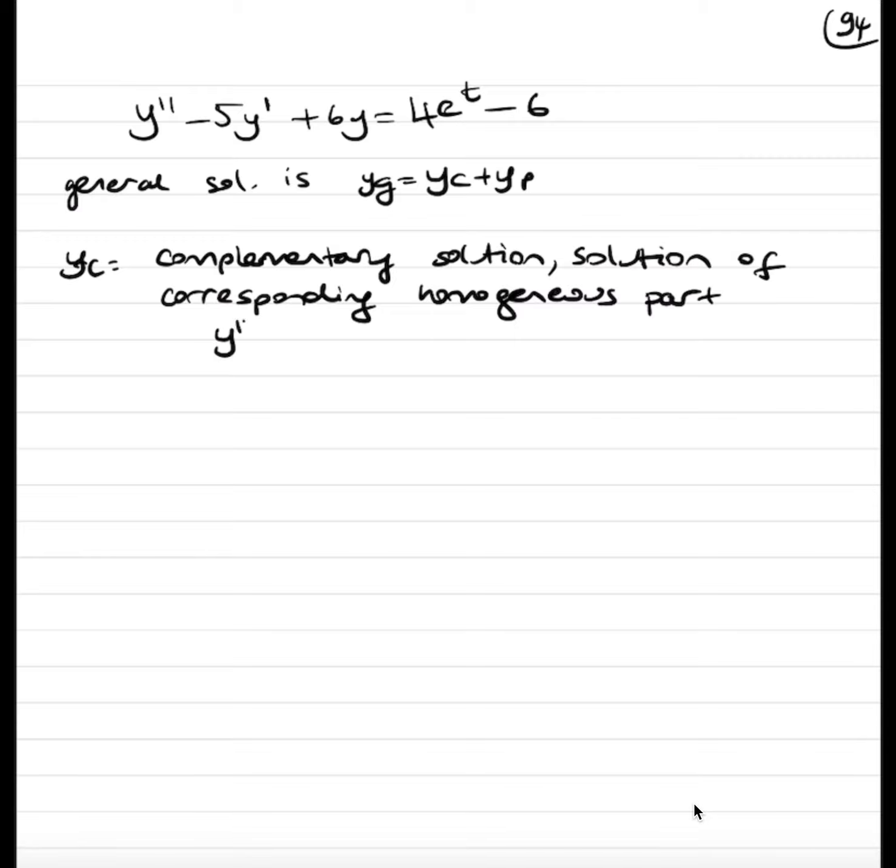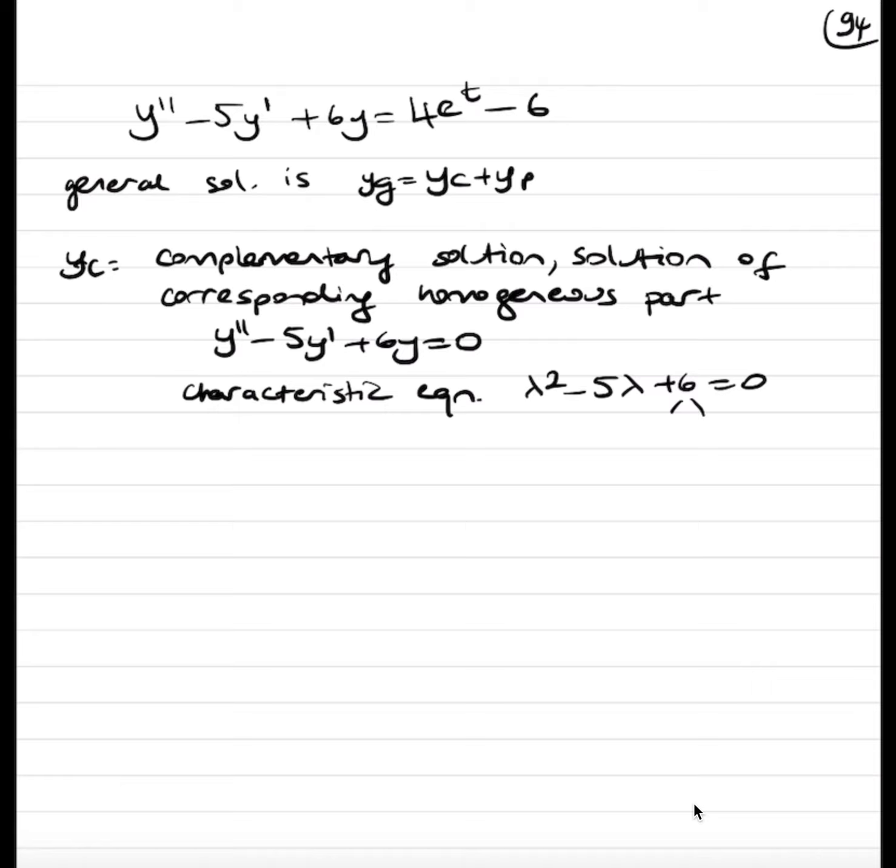In this case, y double prime minus 5y prime plus 6y is equal to 0. Okay, and we know how to solve it. So we will find characteristic equation. Characteristic equation is lambda square minus 5 lambda plus 6 is equal to 0.